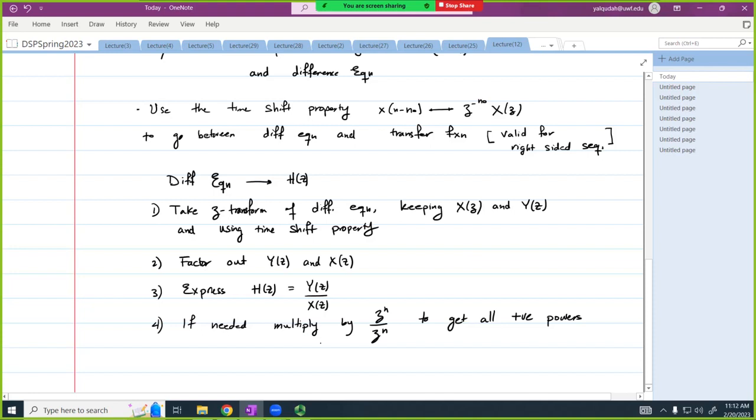Sounds good? We'll do an example in a minute, but let's look at how to go from h of z to a difference equation.